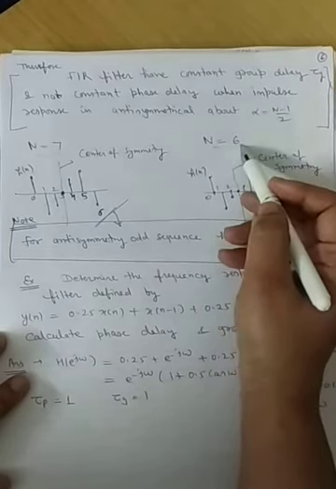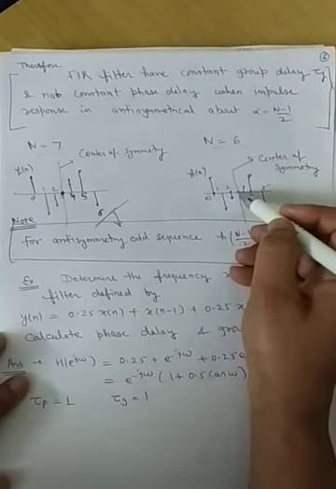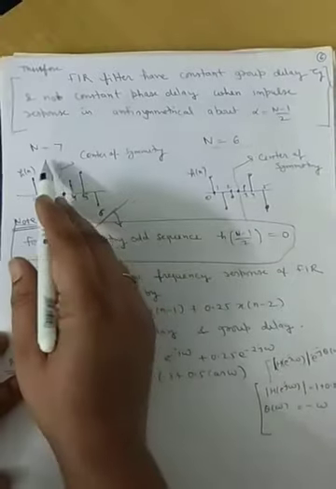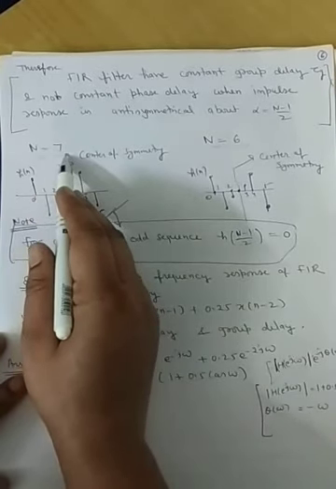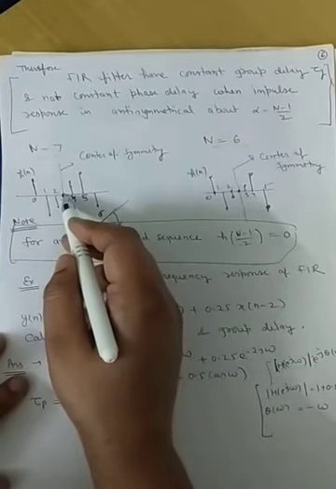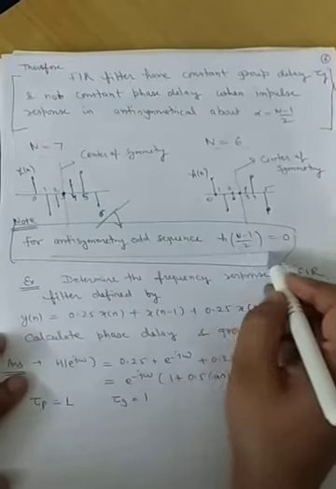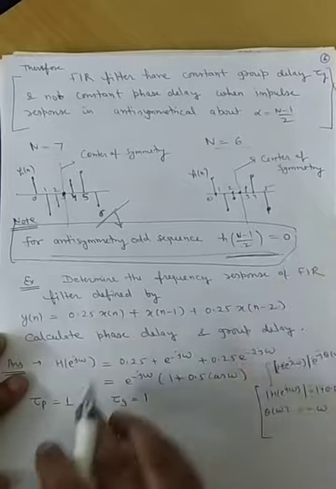But when N equal to 6, the center of symmetry will not lie on a sample, so this is not the condition. But in N equal to 7, which is an odd number, one sample lies on the center of symmetry, so this condition obeys in this particular case.